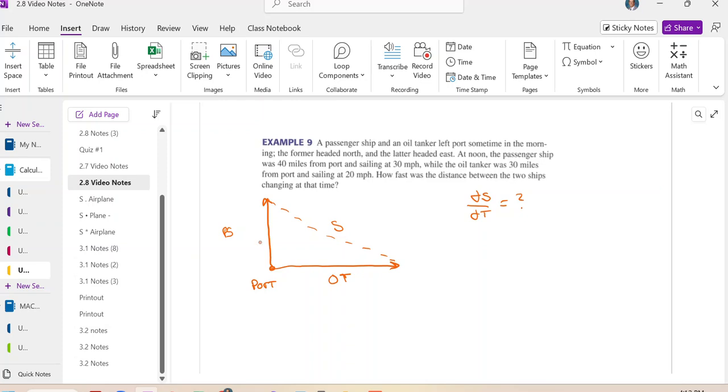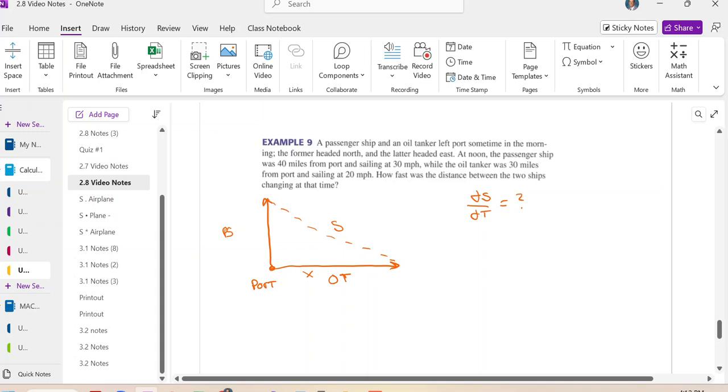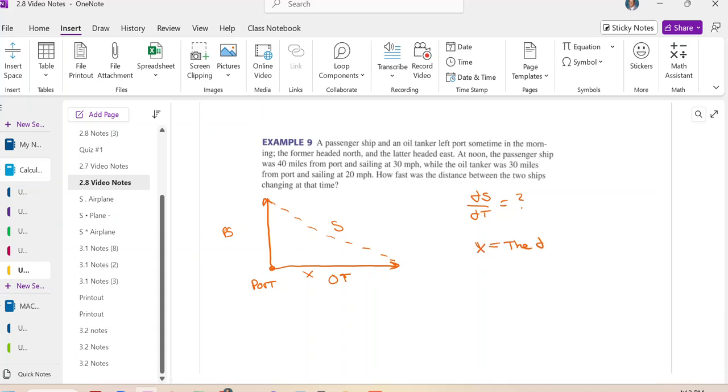All right, so we'll let x be the distance from the port of the oil tanker.